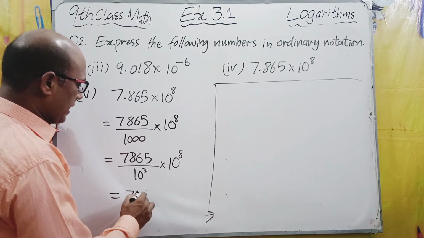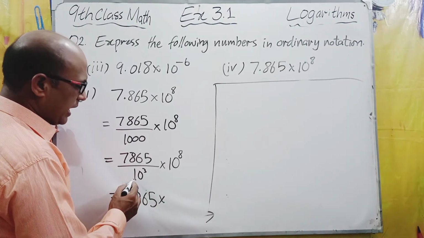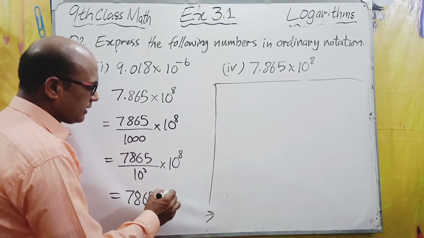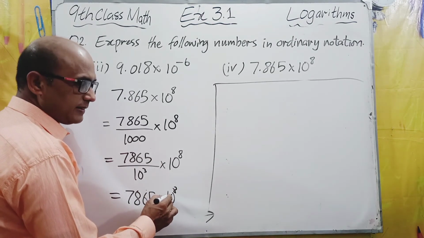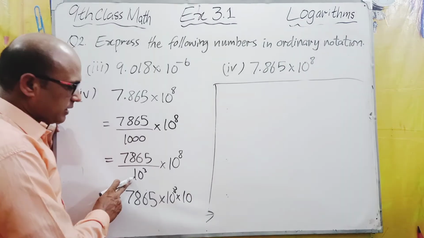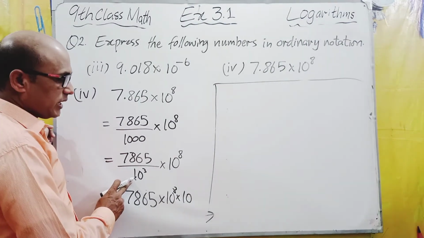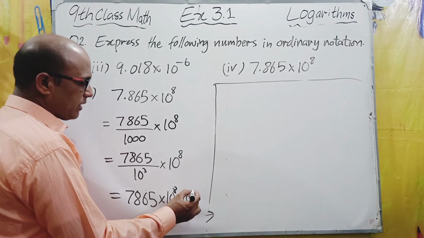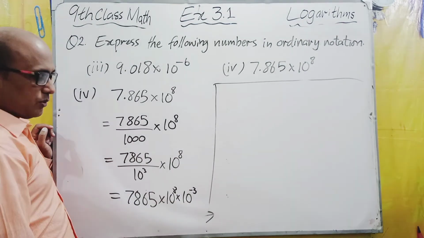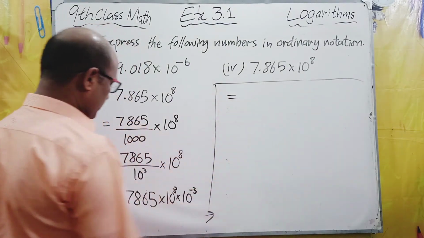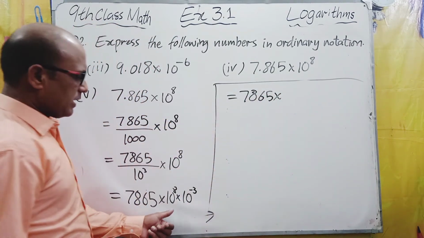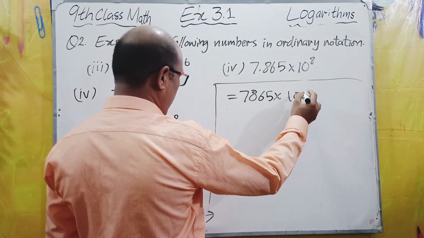Next, 7865 as it is, and this 10 power 3 will be shifted to the numerator along with the 10 power 8, and when we shift this 10 power 3 to the numerator, its power will become minus. It will be minus 3 now. So students, let's do next. 7865 as it is, and these two bases are the same.